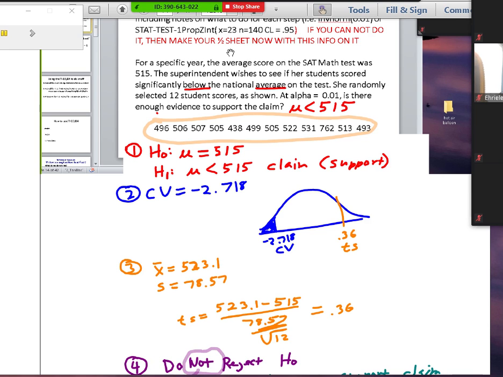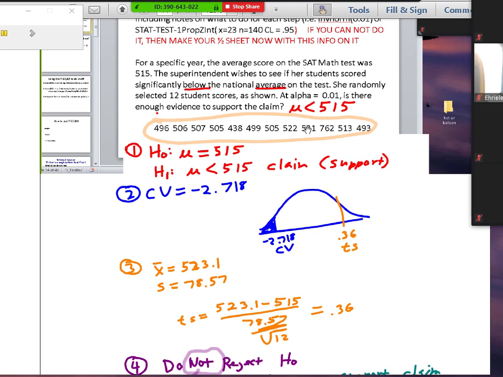So she wants to know if her students' mean is below, less than the average. What's the average? The average score on that was 515. So the general population, everybody in the whole world, their average score was 515. She wants to know if her group, her students, are less than 515. That's her concern. So that's what she wants to find out.